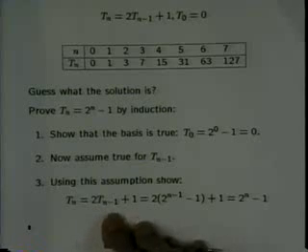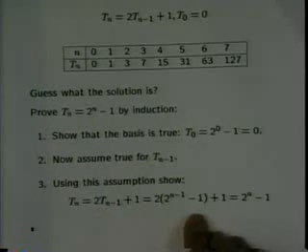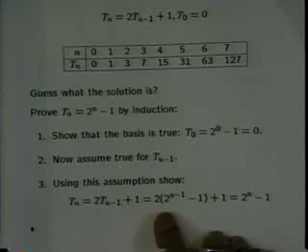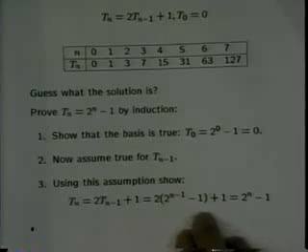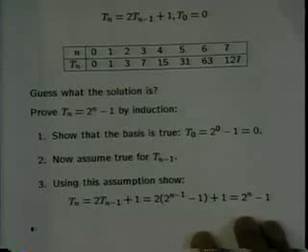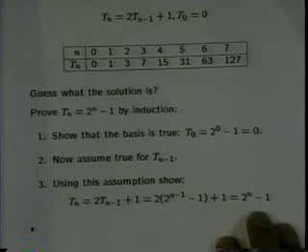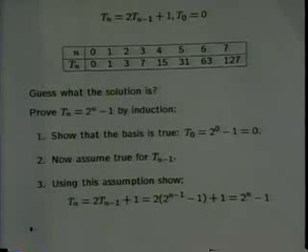Well, we know that t of n minus 1 is 2 to the n minus 1 minus 1. Multiplying that out, that becomes 2 to the n. 2 times minus 1 is minus 2. Minus 2 plus 1 is minus 1. Lo and behold, we get an answer of 2 to the n minus 1, which is what we wanted. And so this has to be true. We've just proven it by induction.